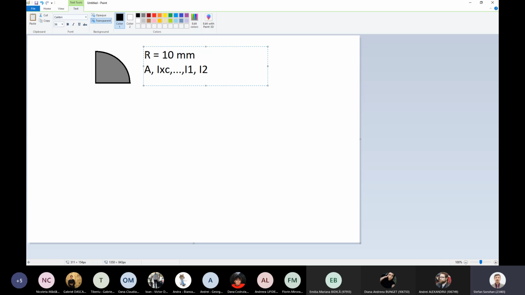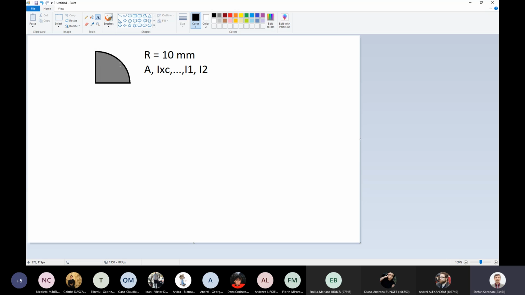So the input is just this radius. If you want, you can put here, this is the radius.